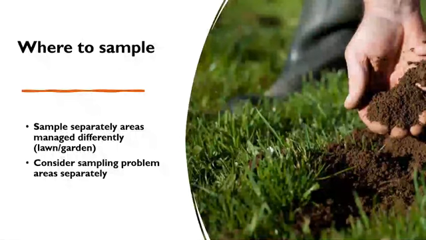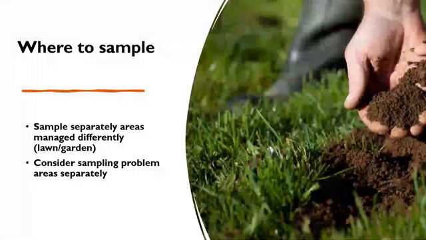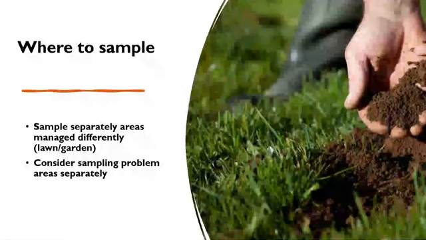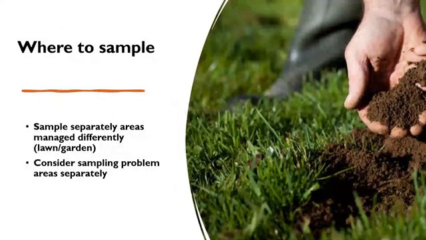The reason you do this is because when you submit the soil sample, they're going to ask you what you're trying to grow in that area, so they can give you better recommendations for the crop that you're trying to grow. So the fertilizer application for turfgrass is going to be different than the fertilizer recommendations if you're growing tomatoes in the garden.